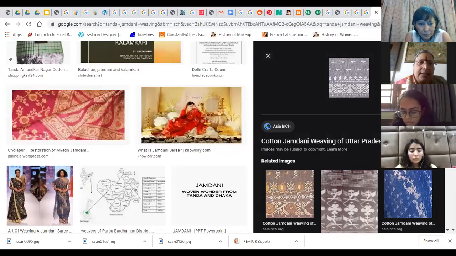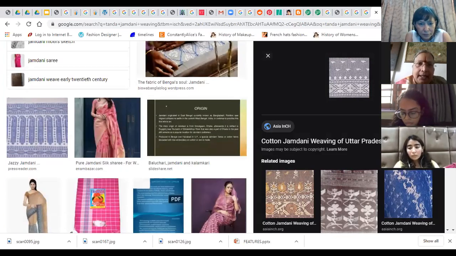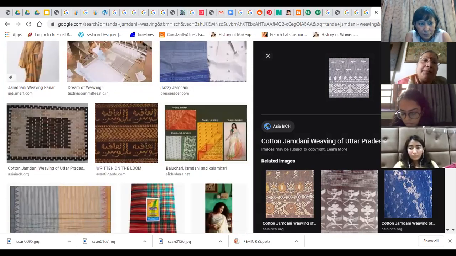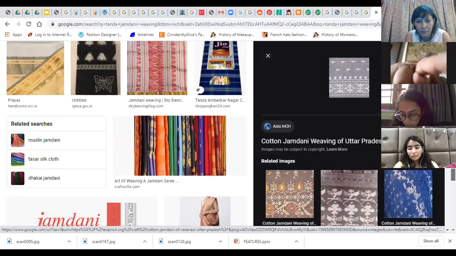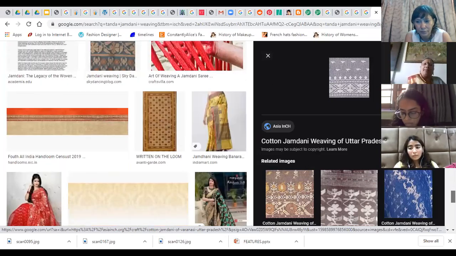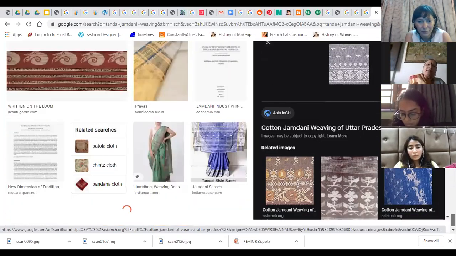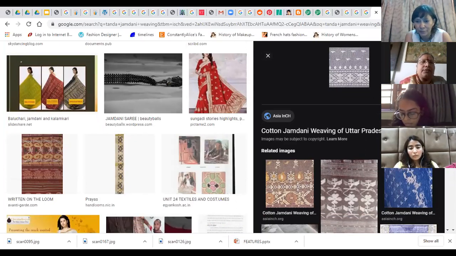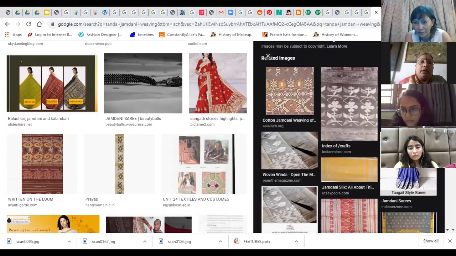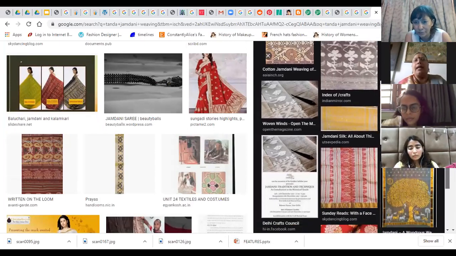When it is yellow on yellow or yellow with zari, that is known as Pitambari. When it is done with blue, it is Nilambari, and when it is done with red, it's Raktambari. So these are the different kinds of heritage textiles that we have.